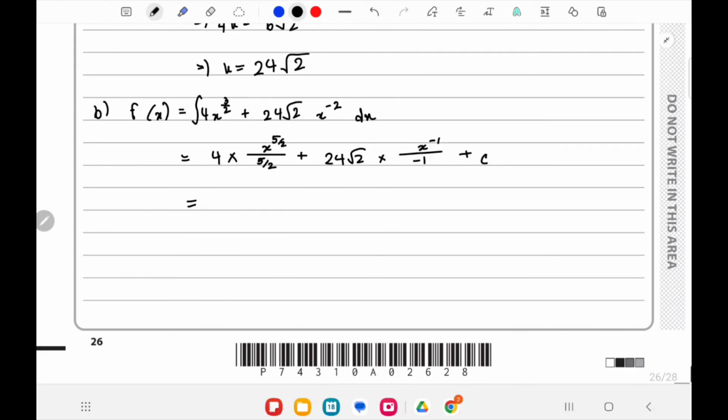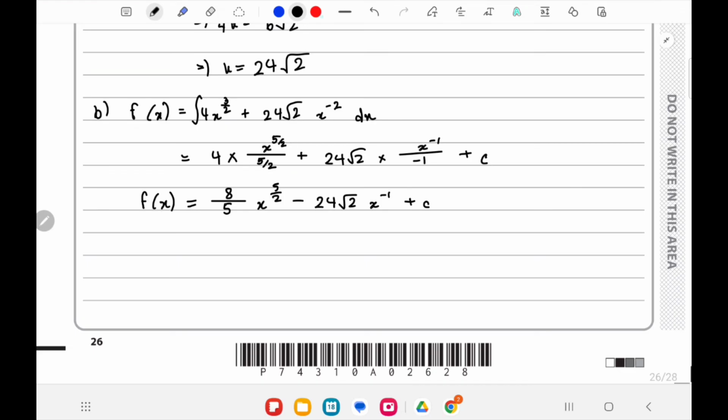So we'll have 4 into 2 by 5, 8 by 5 x to the power 5 by 2 minus 24 root 2 x to the power minus 1 plus c. This is f of x.